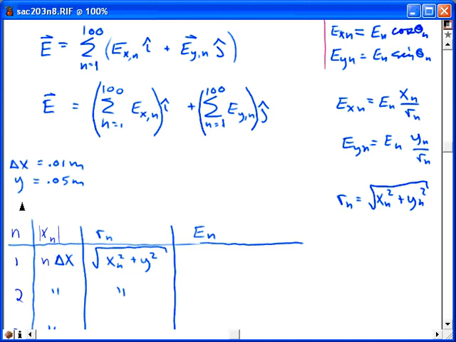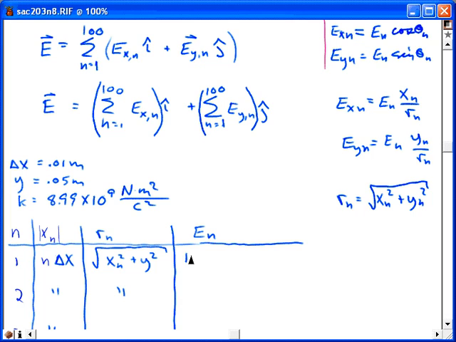And that's k, which is 9 times 10 to the 9 newton meter squared per coulomb squared.